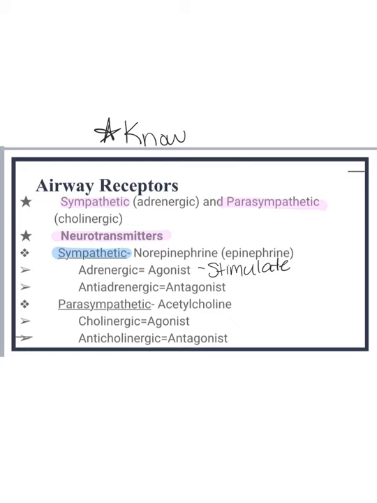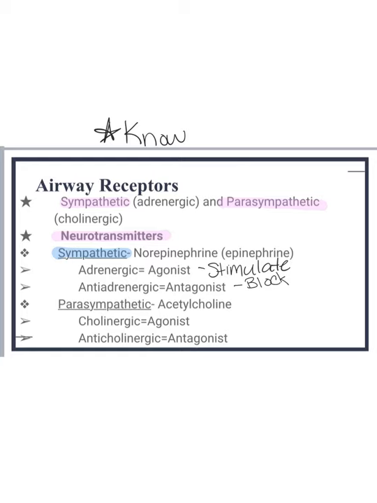If you have an antiadrenergic or an antagonist, it's going to block these receptors. So an antiadrenergic is an antagonist and an adrenergic drug is an agonist.